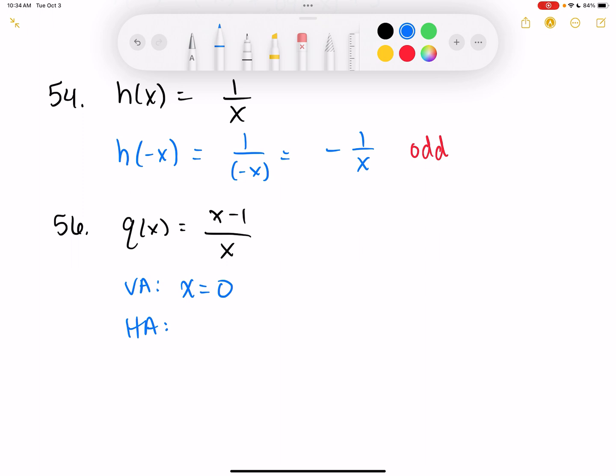We use the coefficient, the number in front of the x's, for your biggest x term. So if this was negative 1 plus x over x, we're still looking at the biggest x term on the top and the bottom. In this case, there's a 1 in front of each, so my horizontal asymptote is at y equals 1.